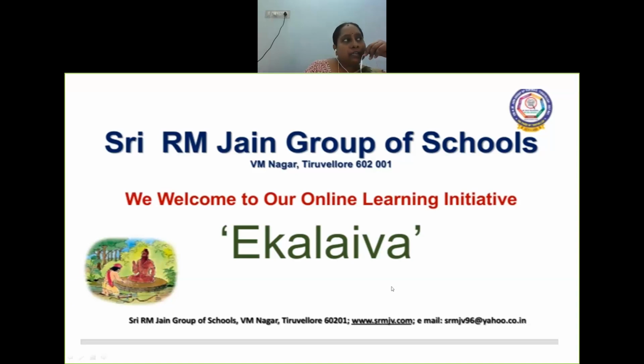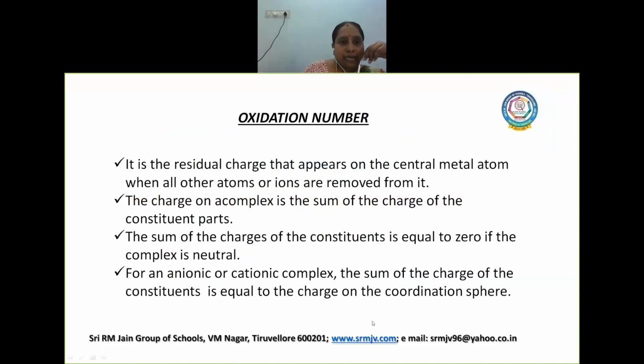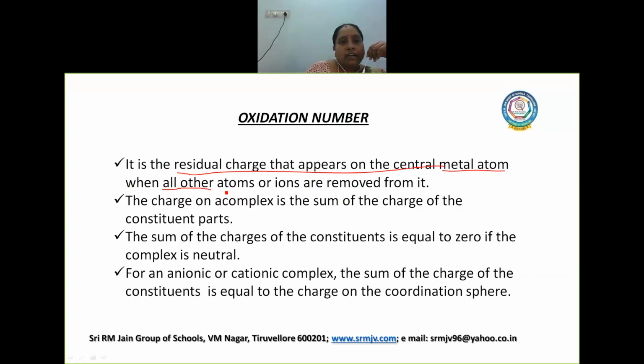Before that, let us see what is meant by oxidation number. The oxidation number is the residual charge that appears on the central metal atom when all other atoms are removed.